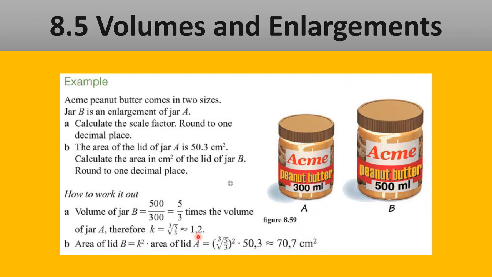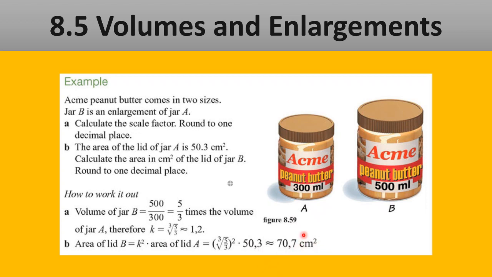That's just not how you notate in English mathematics. Furthermore, don't use this because it is an approximation. By using the original number, you're more exact. So you take the original number without rounding it, square it, because it's k squared times what you start with, which gives me around 70.7 square centimeters.